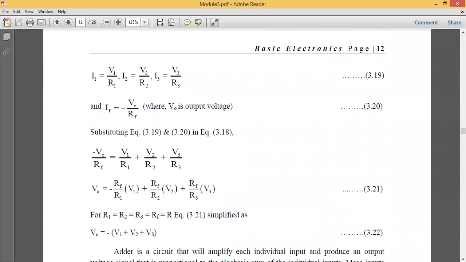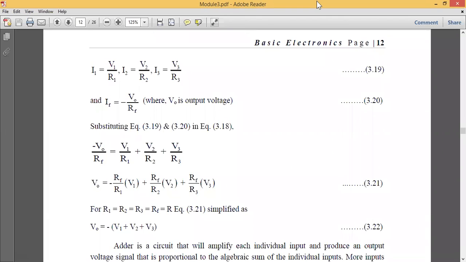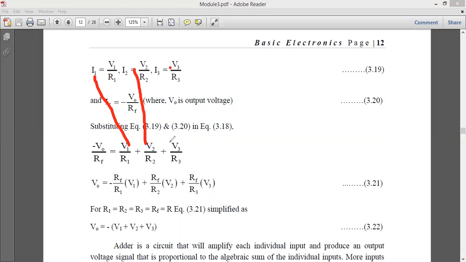Here you can see I have substituted the equation of I1, the equation of I2, the equation of I3, and I have substituted the equation of IF here.